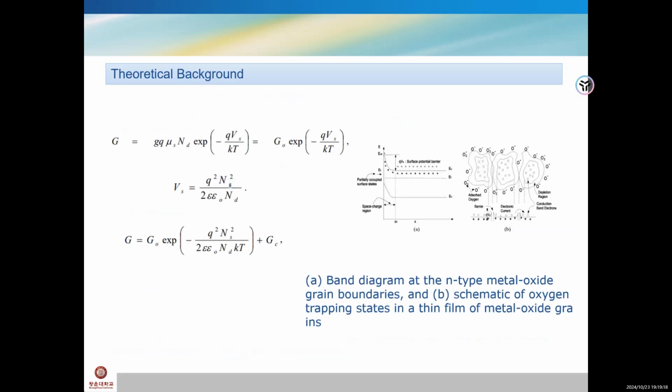And there are three equations on the left and an image on the right. This is the band diagram at n-type metal oxide grain boundaries, and the schematic of oxygen trapping states in a thin film of metal oxide grains.